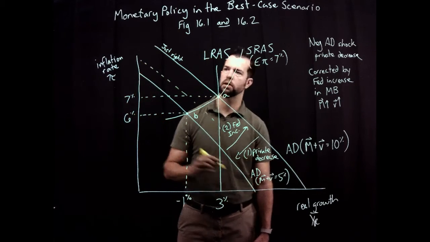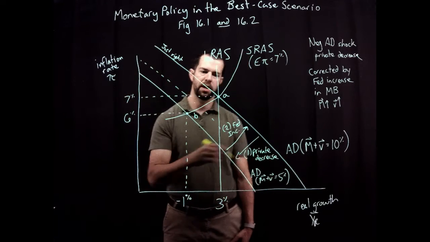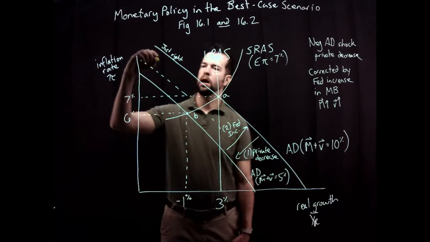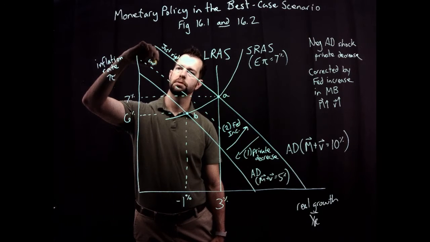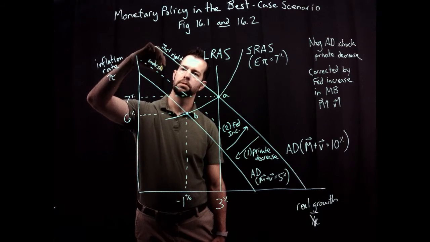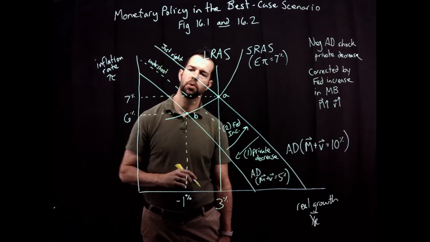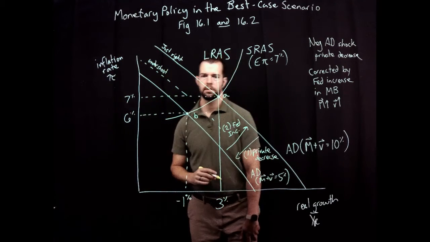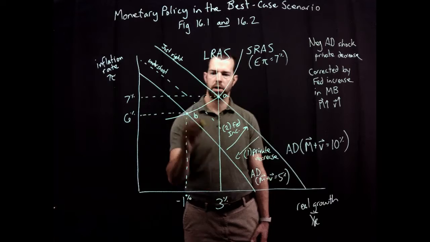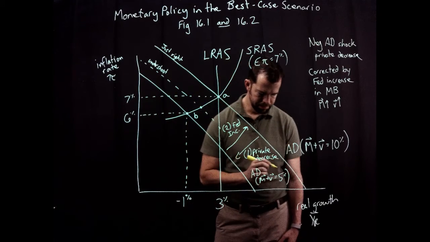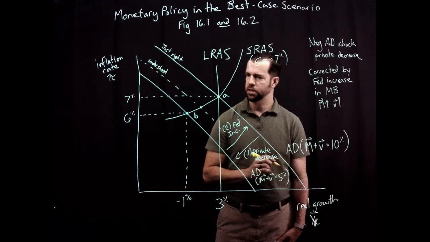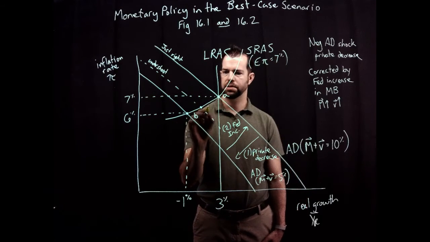I'm not going to draw it all the way because I've got writing down here. But imagine if we undershoot, what might happen? Well, we're going to be at this intersection right here, and this would be at point C.